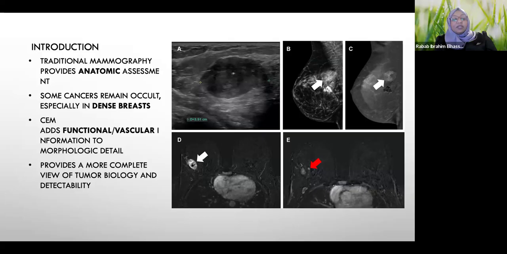Therefore, contrast enhanced mammogram emerged as a modality that adds functional or vascular information to the morphologic detail. It provides a more comprehensive review of the tumor, its size, its detectability, and its vascularity.